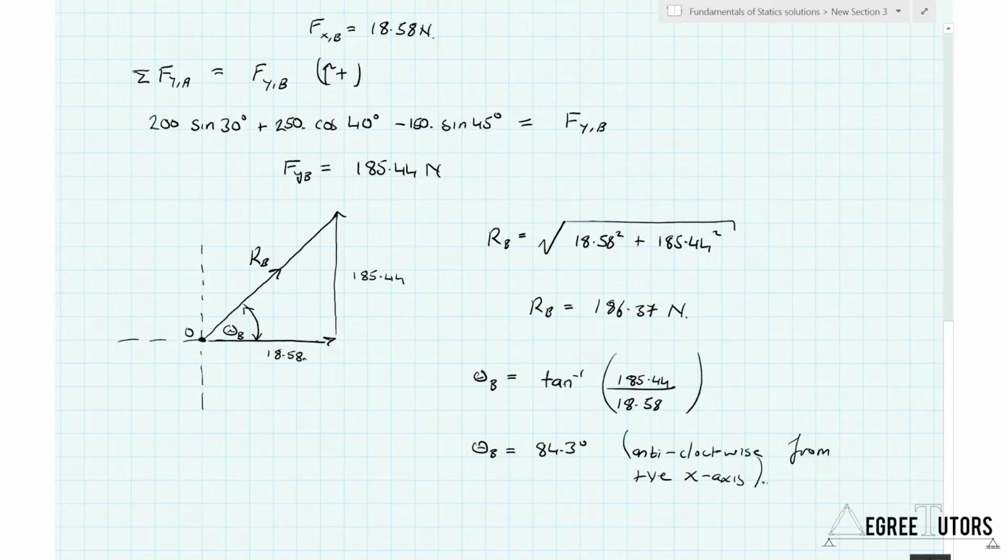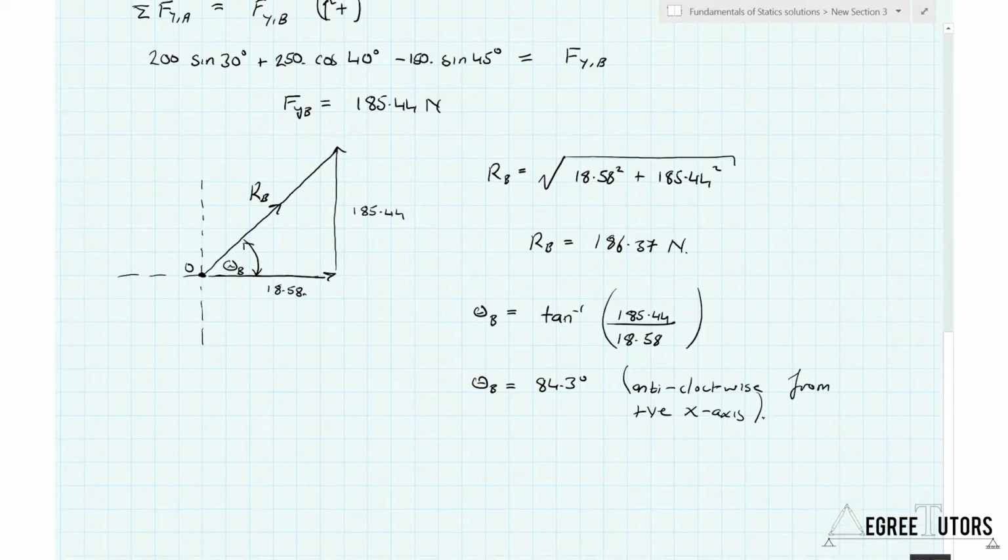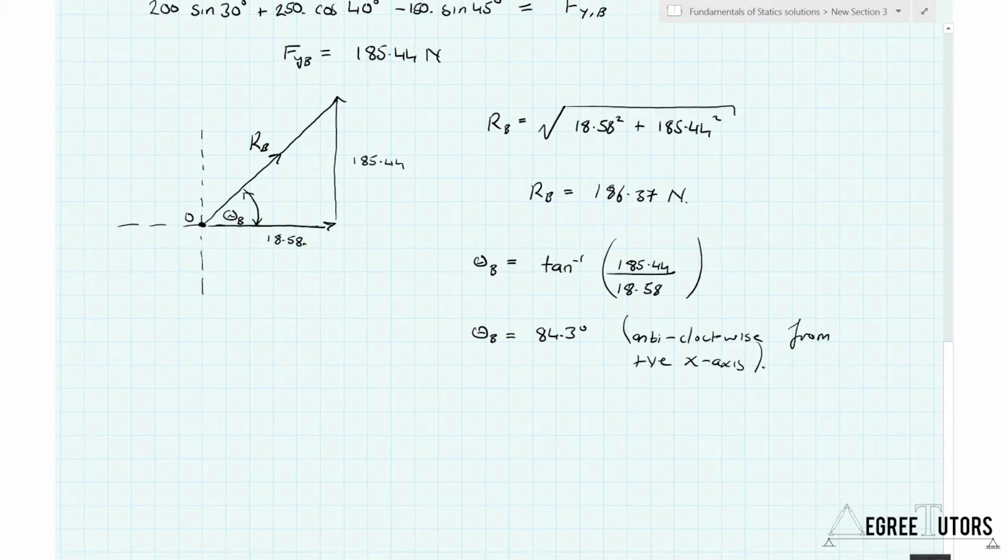All right then, so that's half the battle. The remaining thing is to work out what's the equivalent moment. Okay, so we've established force equilibrium. Now we need to get the equivalent moment. So once again, let's state the facts. The sum of the moments in system A must equal the equivalent moment in system B. So we're going to simply take moments about the origin.